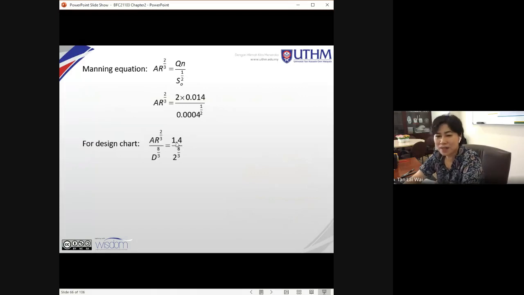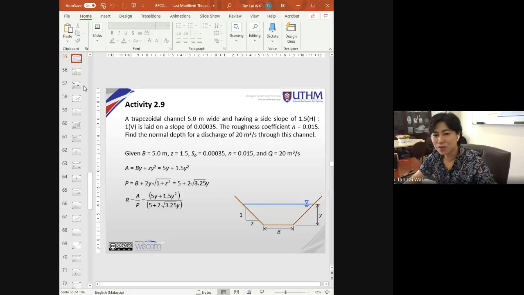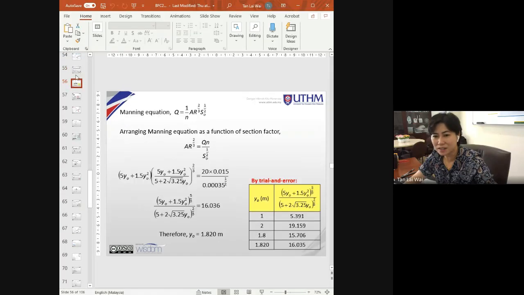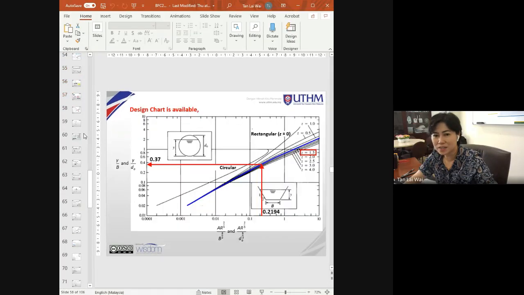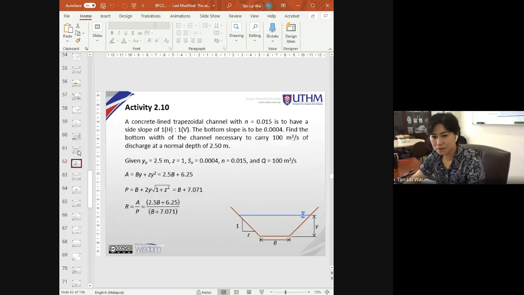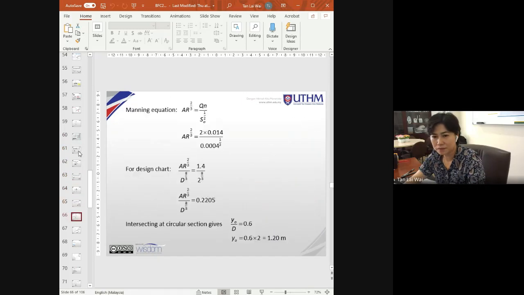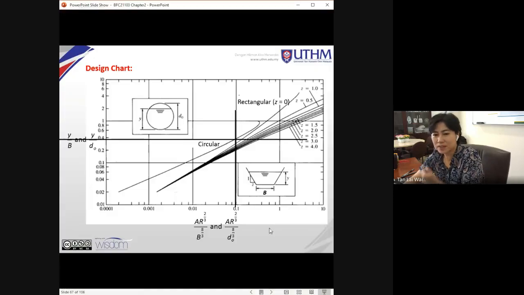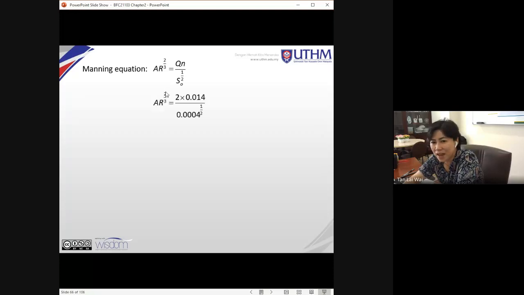Design chart is simpler because the term here, AR to the 2/3 divided by D to the power of 8 over 3, you can actually have this.